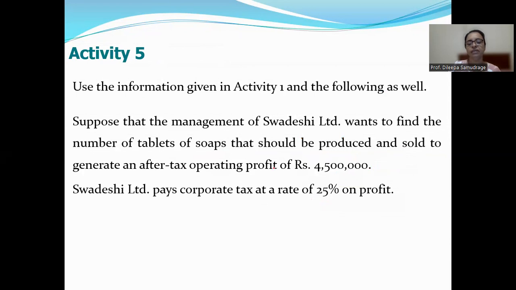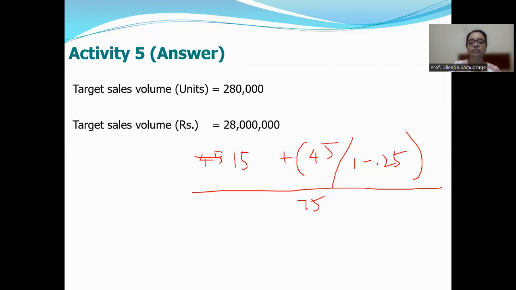Yes, 4.5 million. 1 minus T to get this one. Right? Then in rupees, what you have to do is multiply this by the selling price.